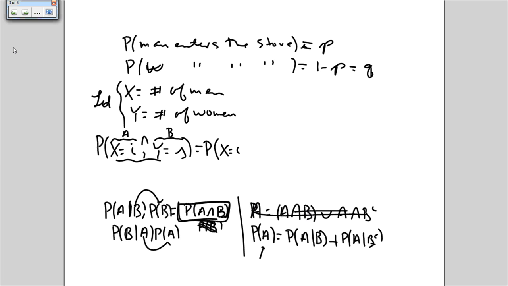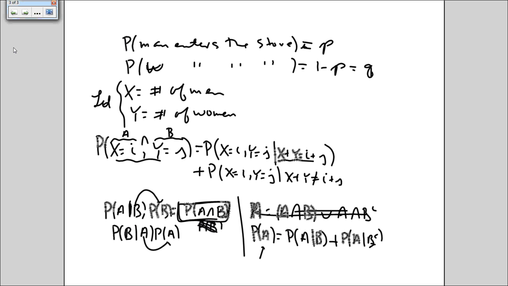So, this is the probability that X equals I, Y equals J, given that X plus Y is I plus J, plus the probability that X equals I, Y equals J given that X plus Y is not I plus J. Let's get rid of this on the bottom.